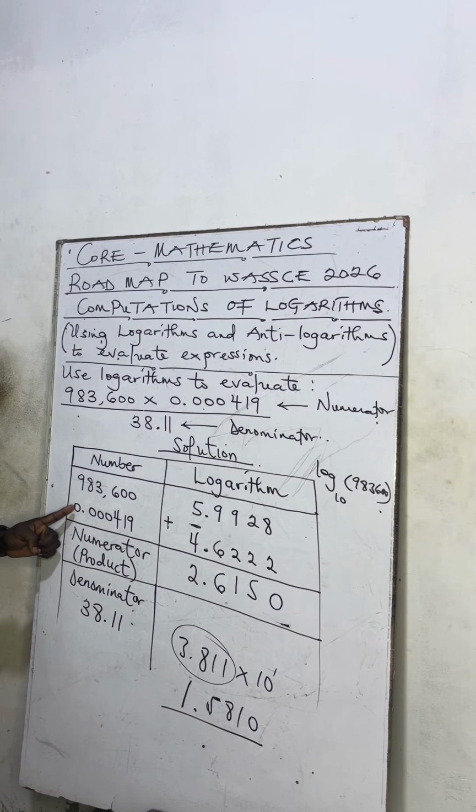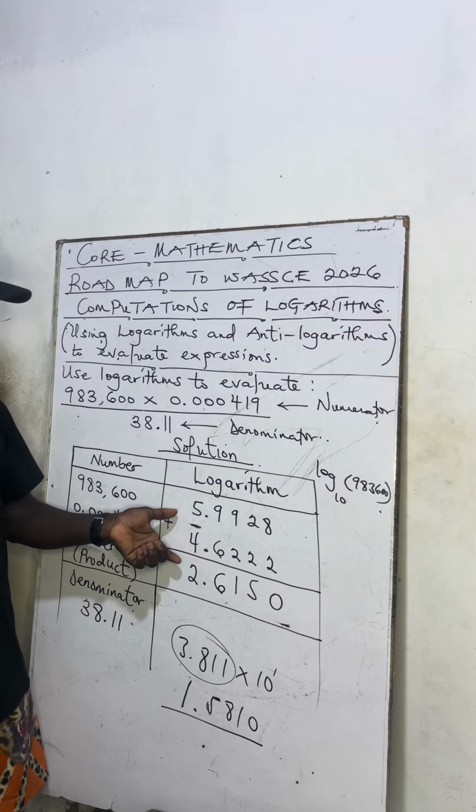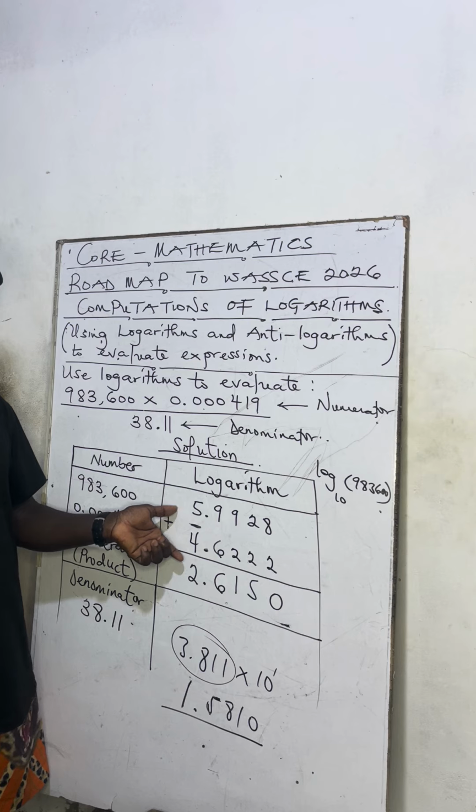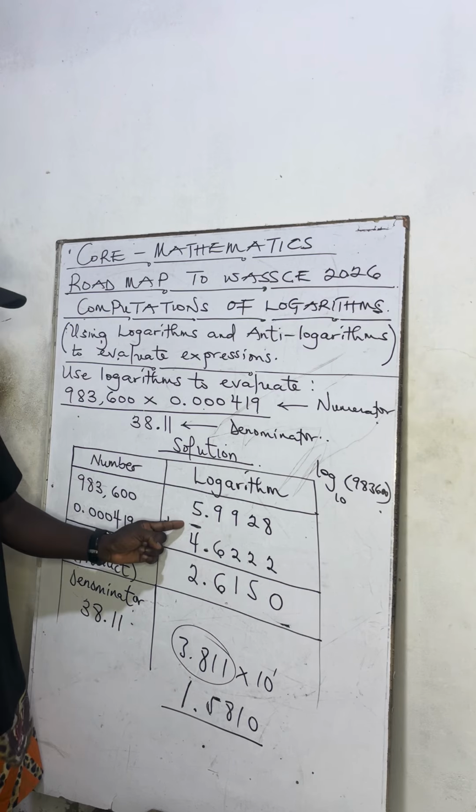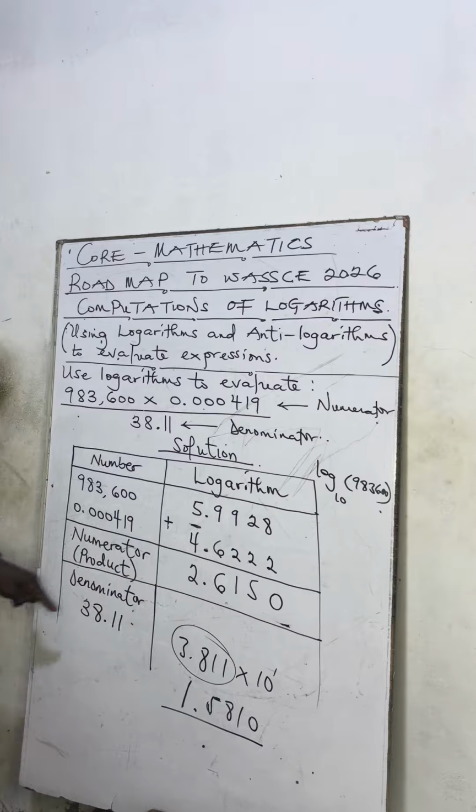Check this guy, 0.000419. It's less than 1. So we can't take the log of the whole number here. We need to change it to standard form and write the exponent, which is -4, to be the characteristic.